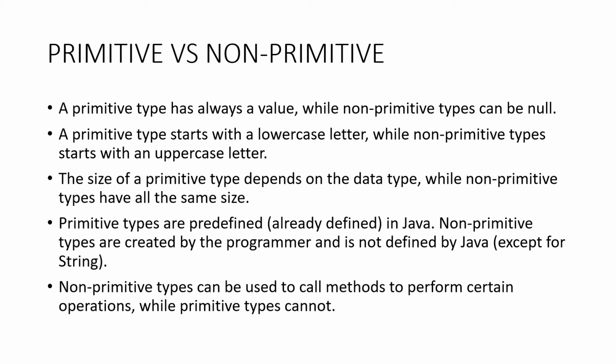Primitive types are predefined in Java. Non-primitive types are created by the programmer and not defined by Java, but there is an exception for String. Now, non-primitive types can be used to call methods to perform certain operations, while primitive types cannot. The last difference, that's also very important: non-primitive types can be used to call methods.